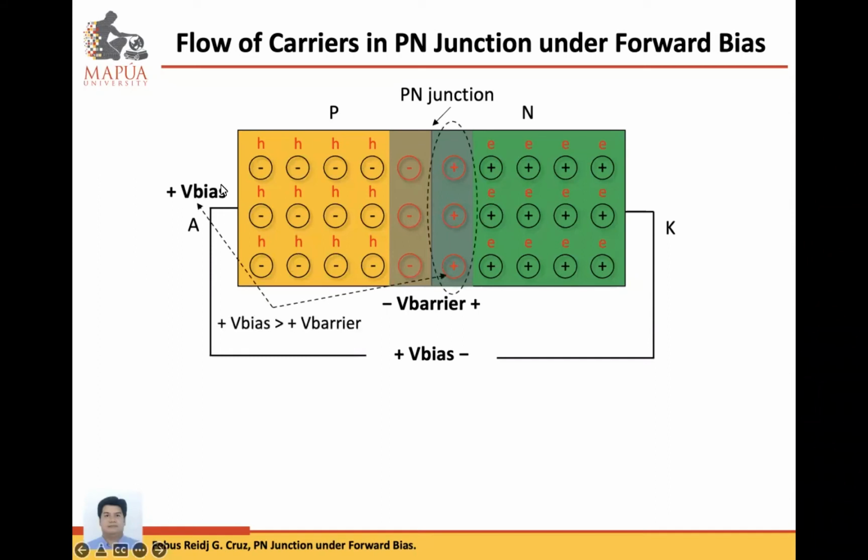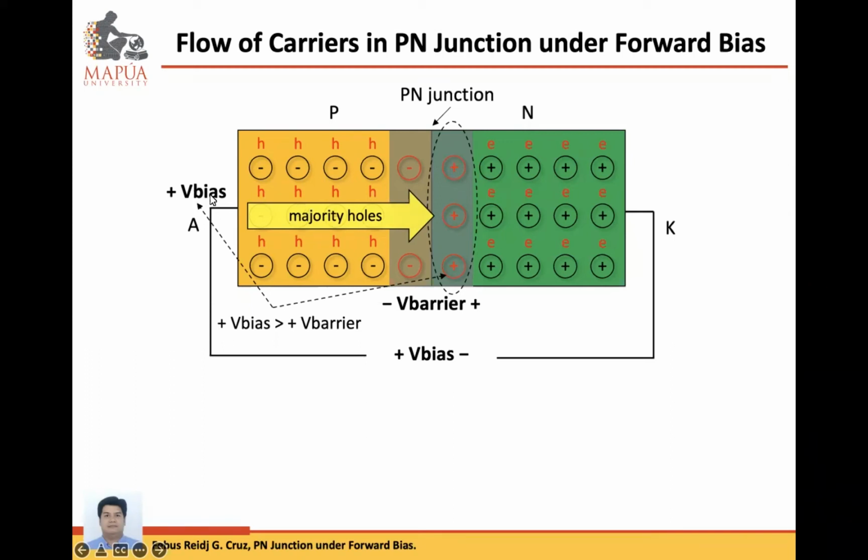So when we apply positive voltage on the P-type, this positive voltage should be larger than the positive of the barrier voltage. All right, so yun ang requirement. The magnitude of the bias voltage must be larger than the internal barrier voltage, so that we can push, we can repel the positive holes pass through the positive barrier potential. So without the forward bias, the holes will be repelled by the positive of the barrier potential.